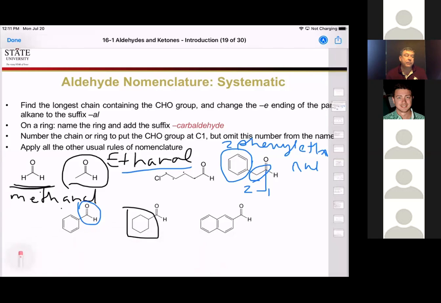To shorten it a little bit, we call it benzaldehyde. Although it's not a special name like the case of an aniline or other benzene derivatives we talked about. We can name it either way, but the IUPAC name would be benzene carbaldehyde.